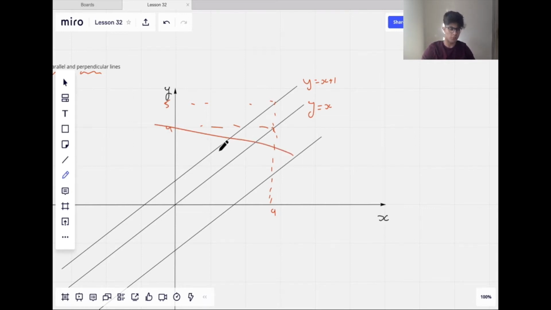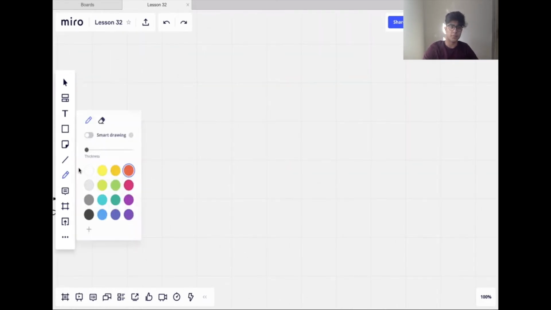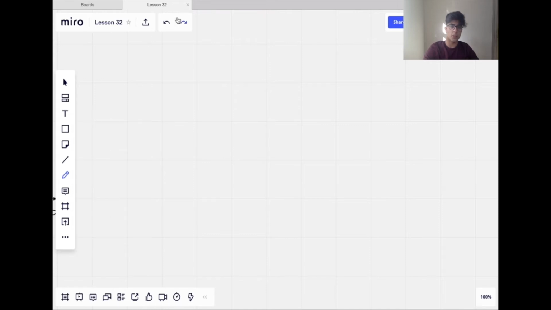Just as a quick check in terms of worked examples, say the line y equals 14x plus 7, and the line y equals 12x plus 7. Are those parallel? Well, no, they're not, because the gradients are different.